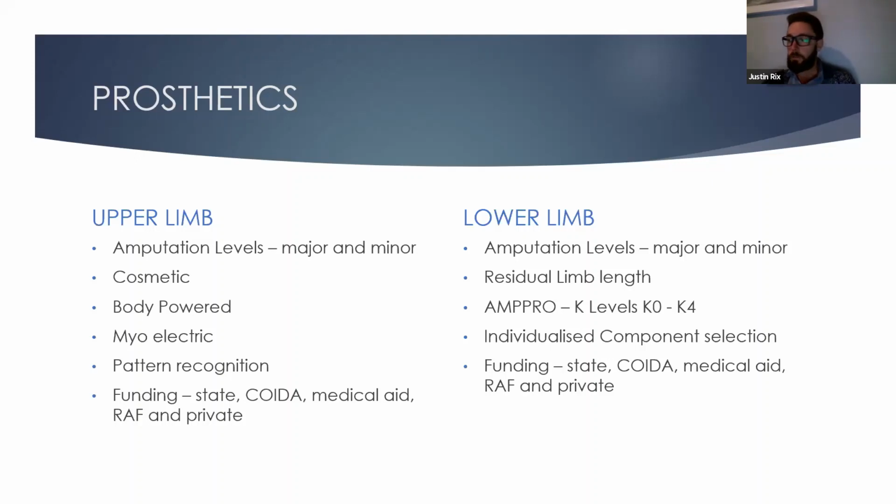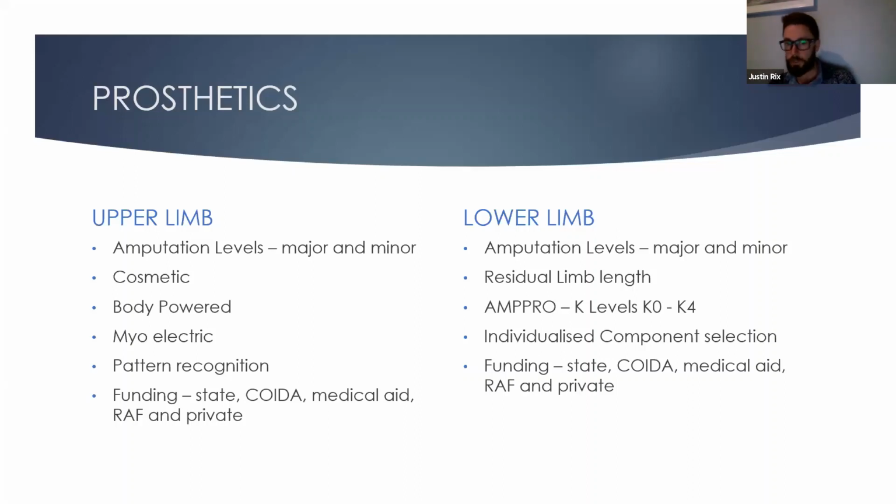And for things that are important for us that we look at, we are looking at residual limb length. So as Maritz spoke about bone length, how we're going to be able to suspend a socket off a residual limb. The majority of the medical aids now are working with an AMPRO system. So AMPRO is an amputee mobility predictor tool.